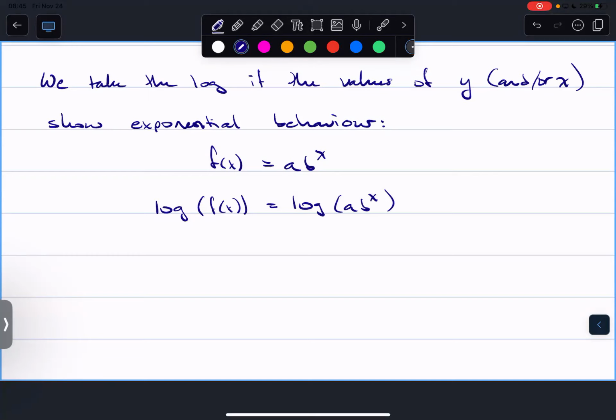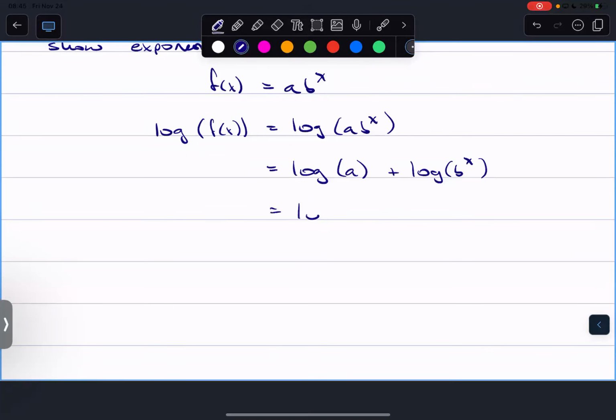Now there's where the power of the log laws come in, because I'm multiplying inside the log, which is the same as saying the log of a plus the log of b to the x. Then I have the log of b to the x, but that's the same as x times the log of b. And so now I have the log of a plus x times the log of b.